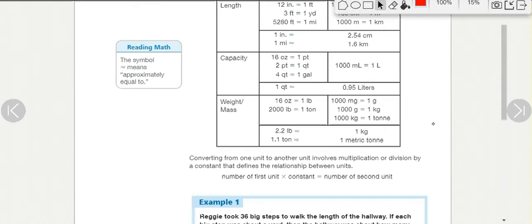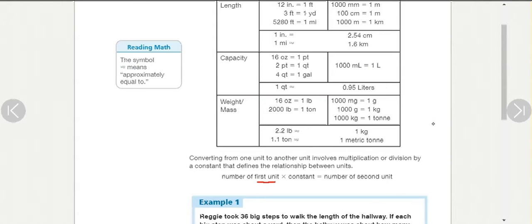if you're going to convert measures, you've got a unit you're starting with. Let's say, 2 inches. A constant that describes the relationship between these units. Okay, so maybe it's... Inches wasn't a great example here.